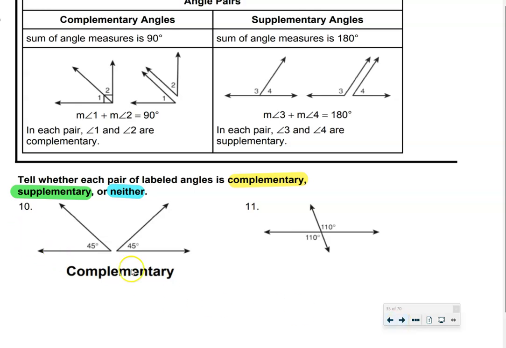All right, number 10 is complementary. Two angles add up to equal 90 degrees, so they're complementary. Okay, number 11, 110 and 110 does not add up to equal 180. You can tell they're vertical angles. Like I said, they're equal, but they're not complementary or supplementary, so it's neither.